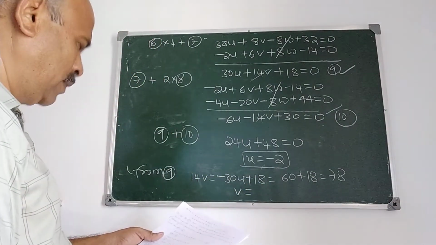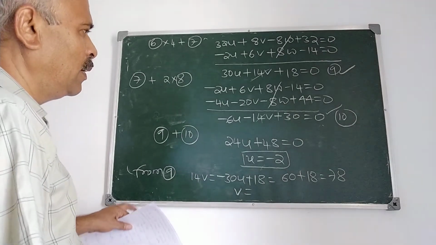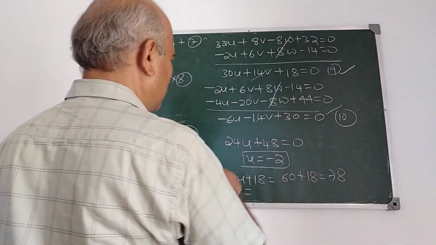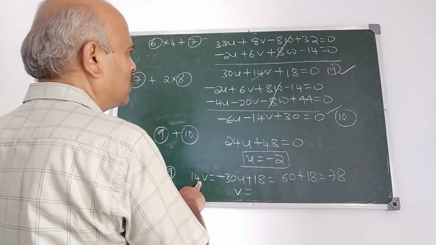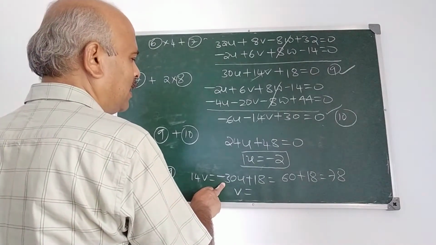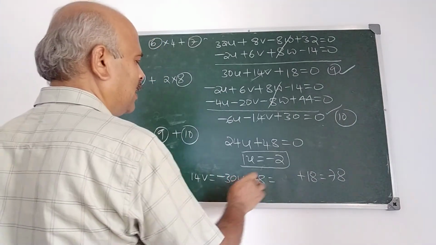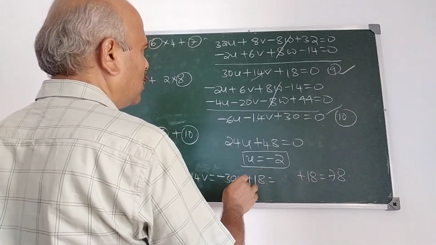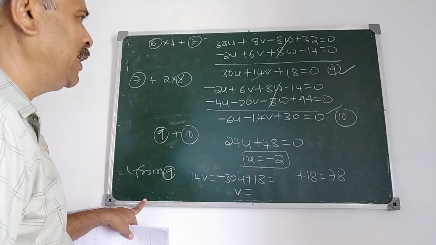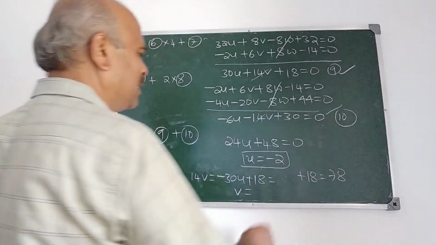Is it correct? Verify this. Minus 30 into minus 2 is 60, minus 18.